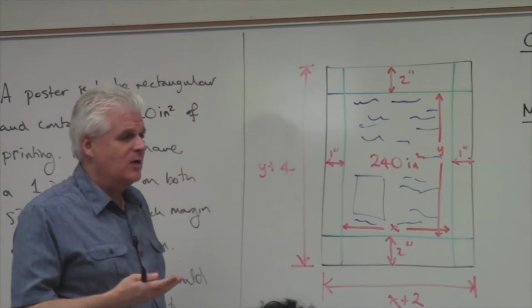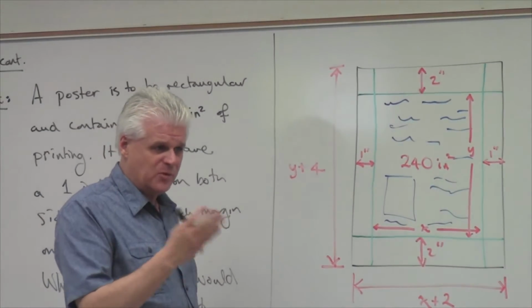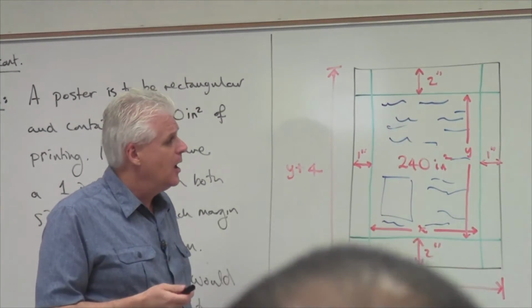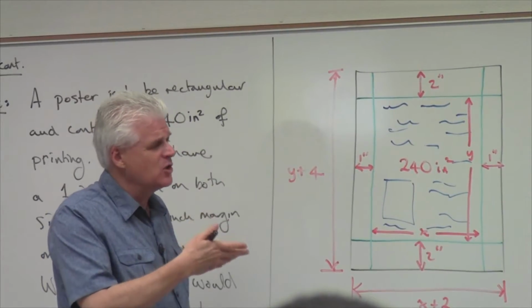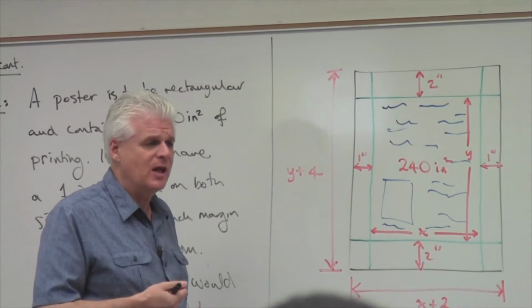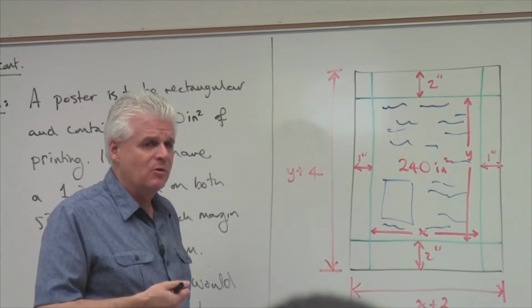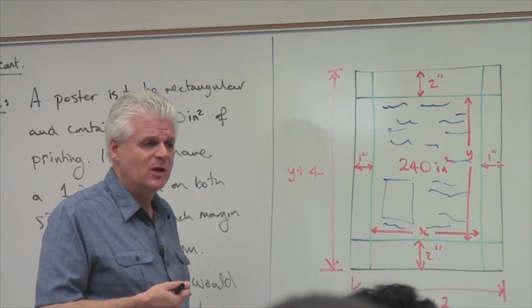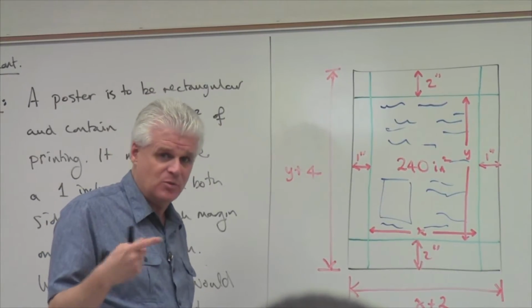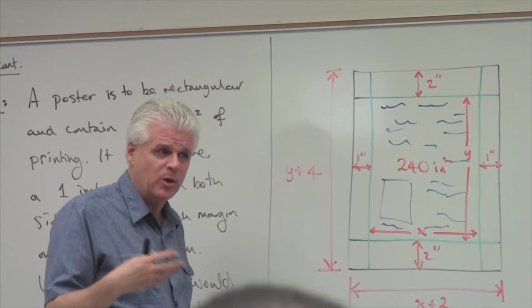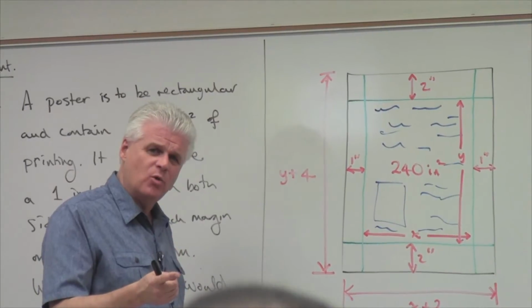Okay, and as we've had with the farmer's corral or the farmer's field or whatever you want to call it, we have a constraint here. We have a function here with too many variables in it. We've got x's and y's. We've run into that a couple of times now where we had too many variables, and we've used the constraint. Same with the tin can. We had too many variables, R and H. We only wanted one of them. Didn't have it with the oil rig though, did we?